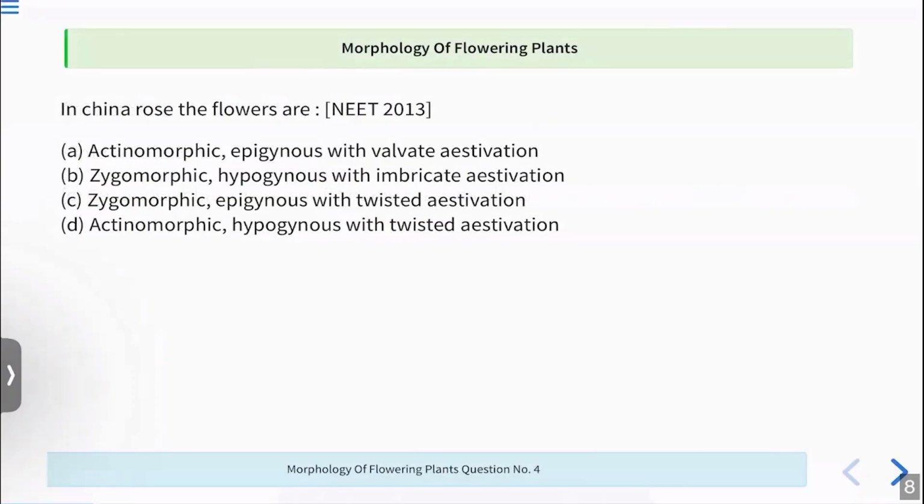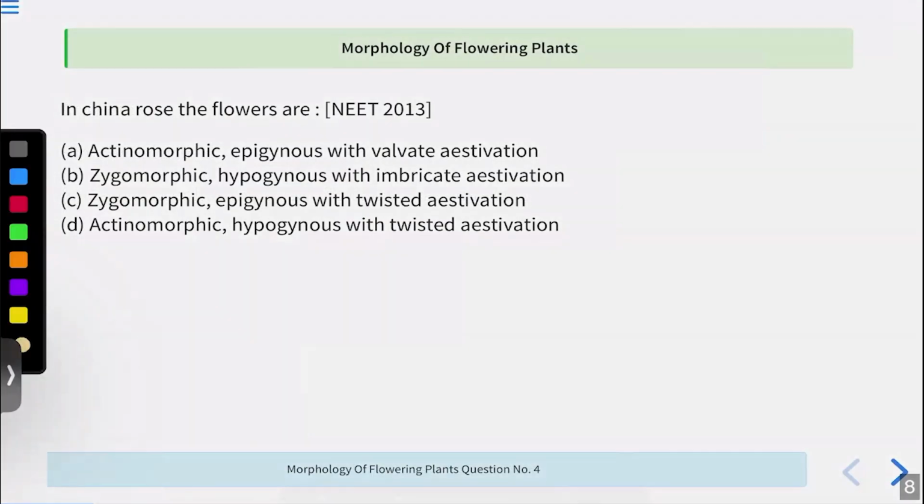The next question says China rose, also called hibiscus, and they have asked about the flowers, whether it is actinomorphic, zygomorphic, hypogynous, epigynous, and all that. First of all, what is the difference between zygomorphic and actinomorphic?